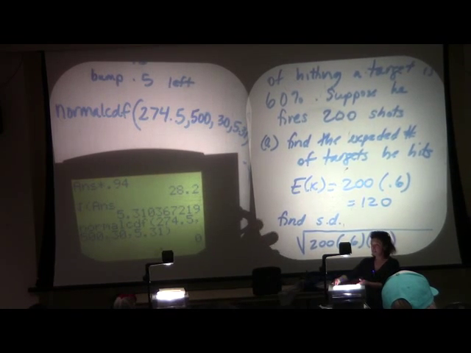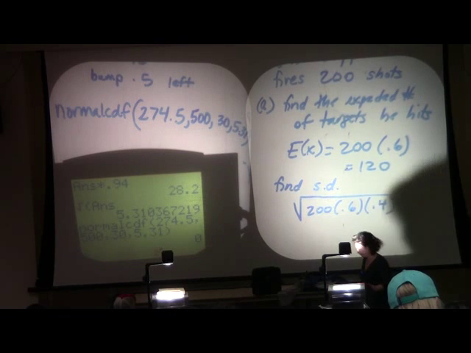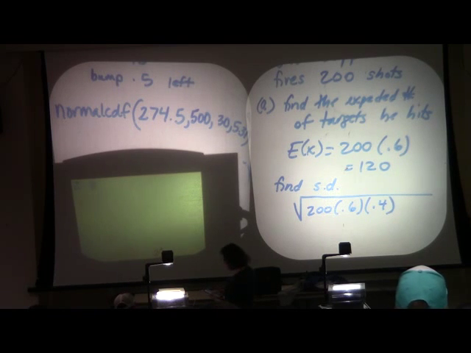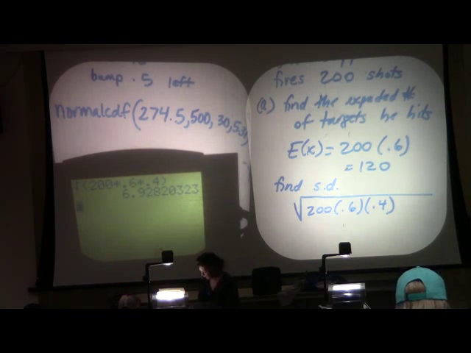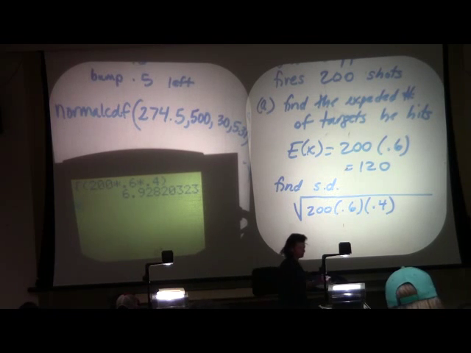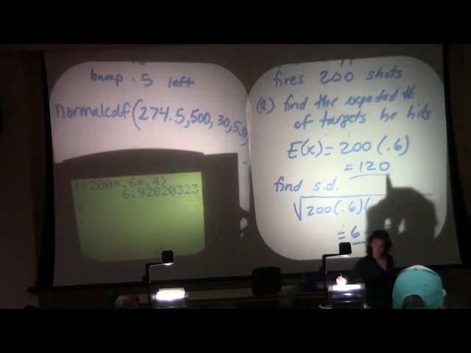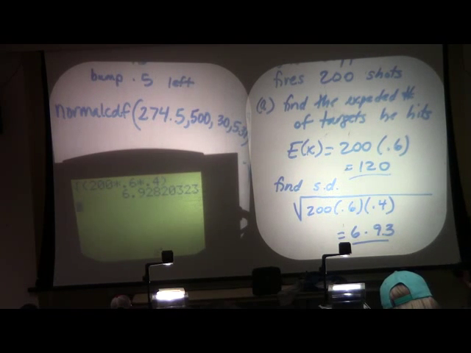Is everybody with me this far? All right, so let's compute it. We have 200 times 0.6 times 0.4, and we get 6.93.